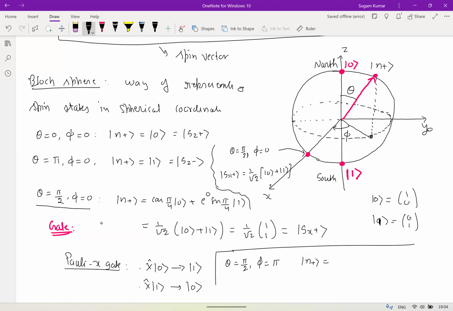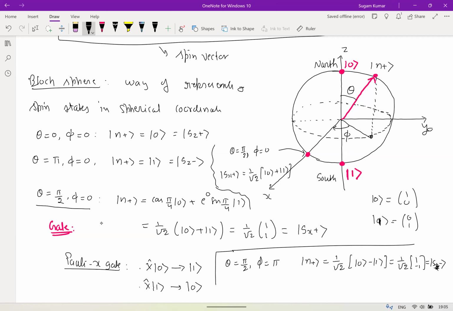Let's calculate, and you will see that this is going to be 1 by root 2 times 0 and 1. In the matrix form, this is going to become 1 by root 2 and 1 minus 1. This is nothing but |Sy negative>. Sorry, |Sx negative>, correct?